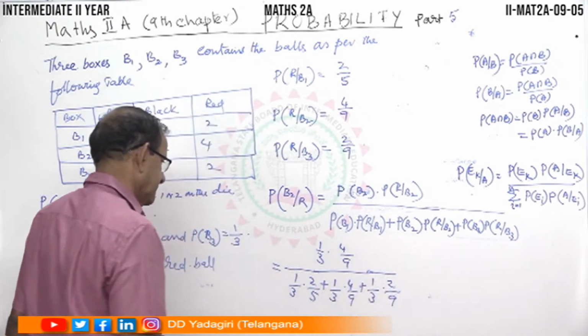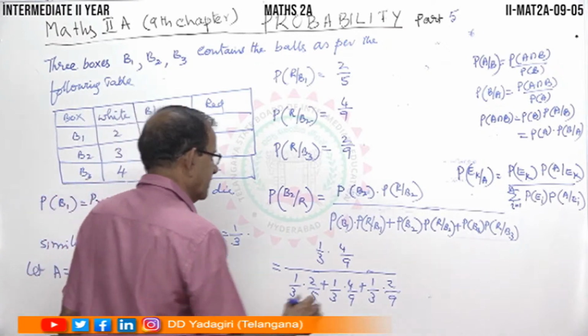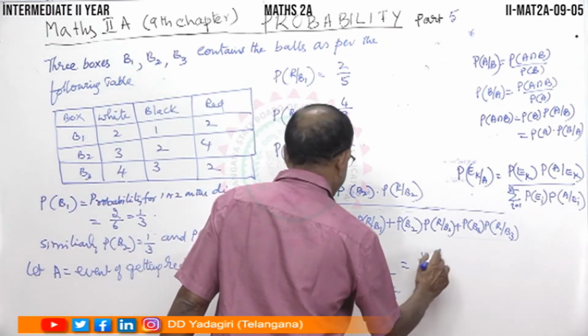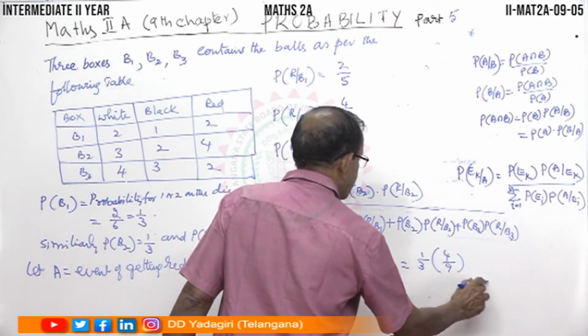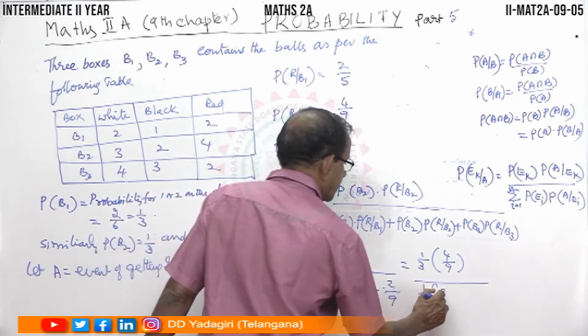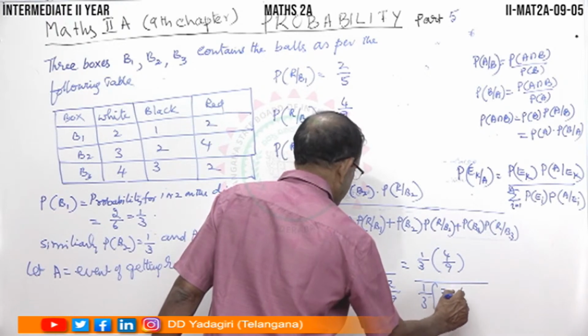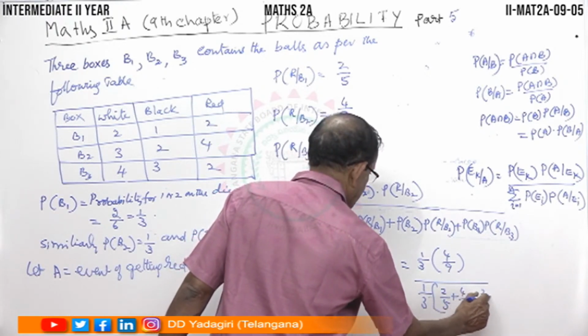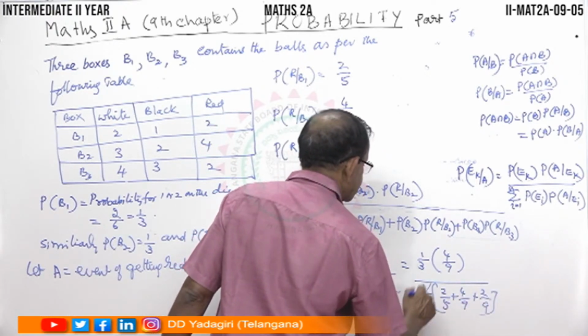Let us simplify this. 1 by 3 is common in both numerator and denominator. Take 1 by 3 common: 2 by 5 plus 4 by 9 plus 2 by 9. Cancel 1 by 3.